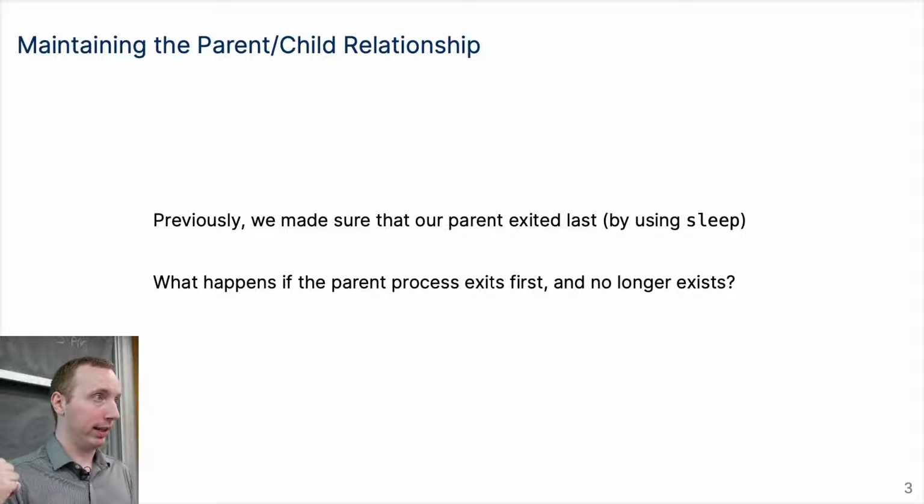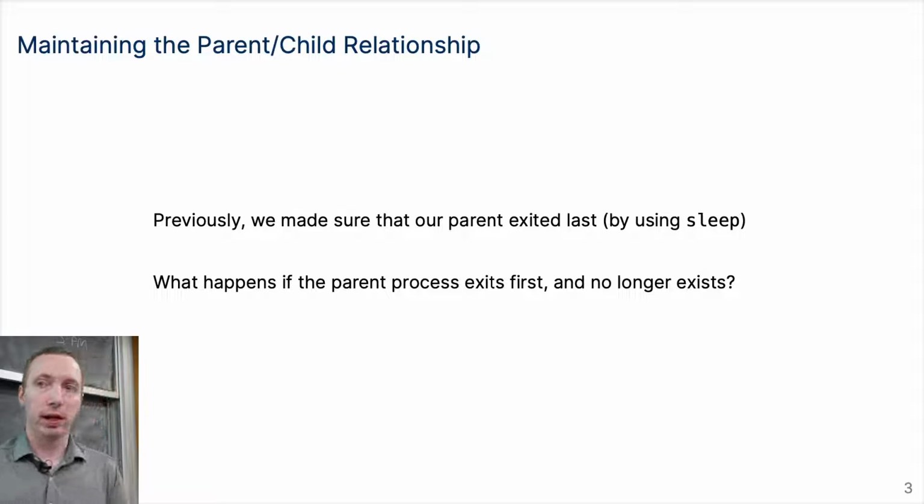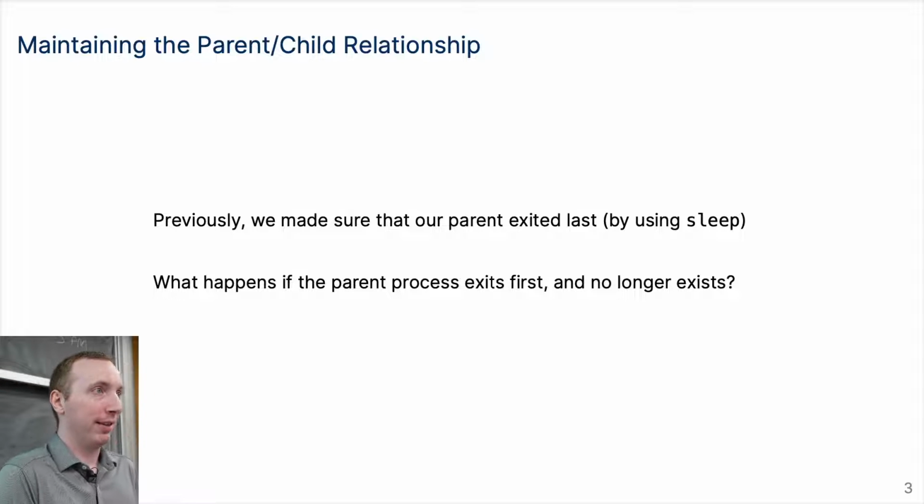Since that's the kind of normal case where the child process will exit before the parent process, and then the parent process gets to just acknowledge it, and then it can get removed. But if there's a strict parent-child relationship, right, even in the last lecture, we made sure our parent exited last by using sleep.